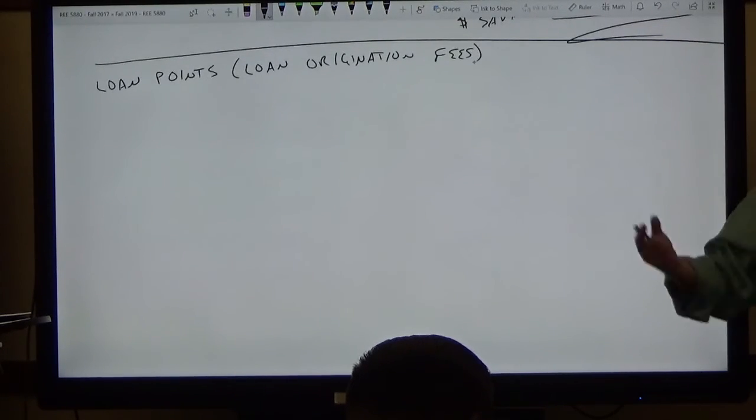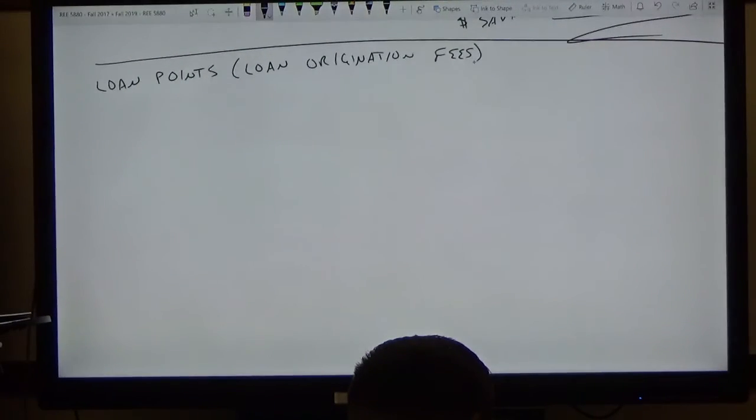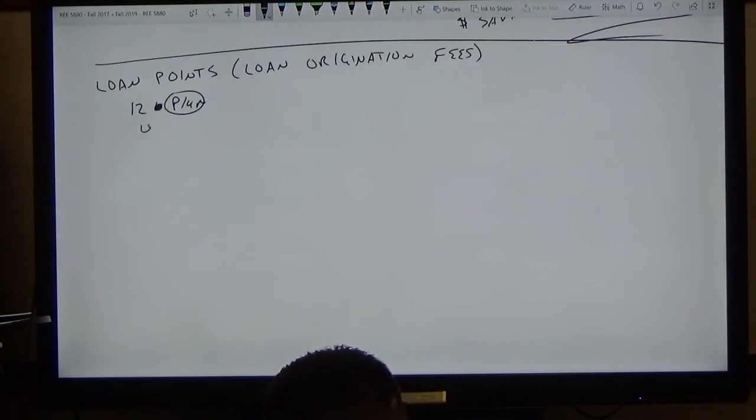Okay, now what we're going to do, something a little bit different. We're going to start with basically the same sort of setup, 12 payments per year. Pull everything out. Okay, give me the loan amount. 1.5 million.